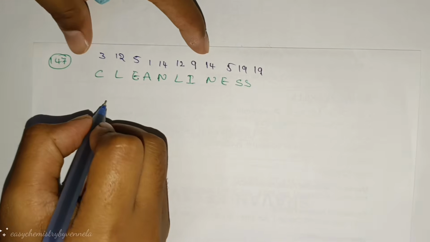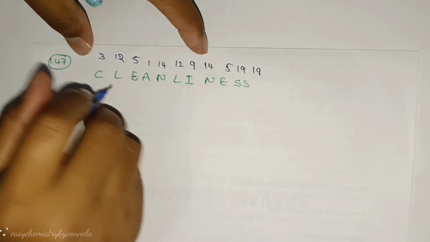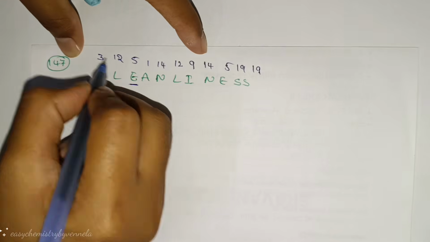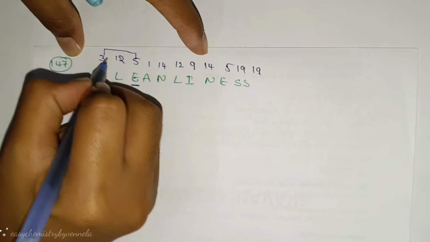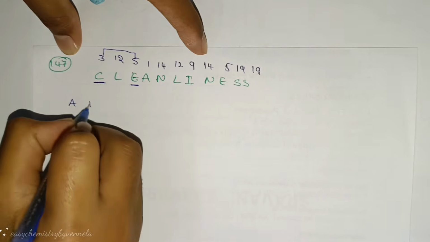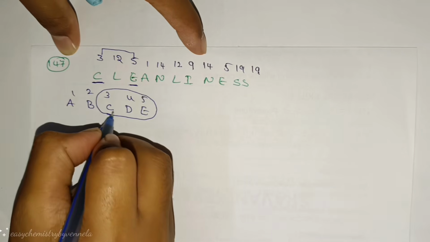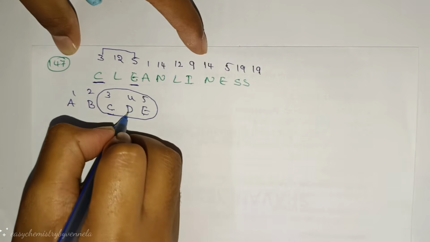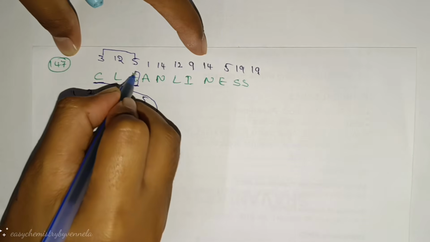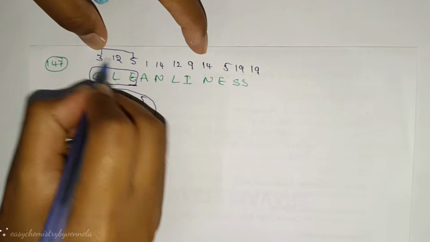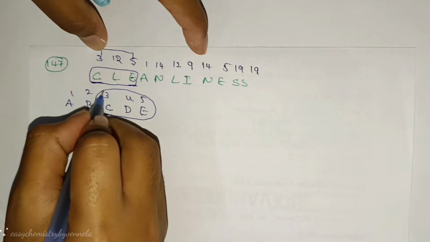First of all, you need to identify the number of pairs. So here C and E, this is the correct alphabet series, 3, 5. But actually in the word, see here, between C and E, L is there.